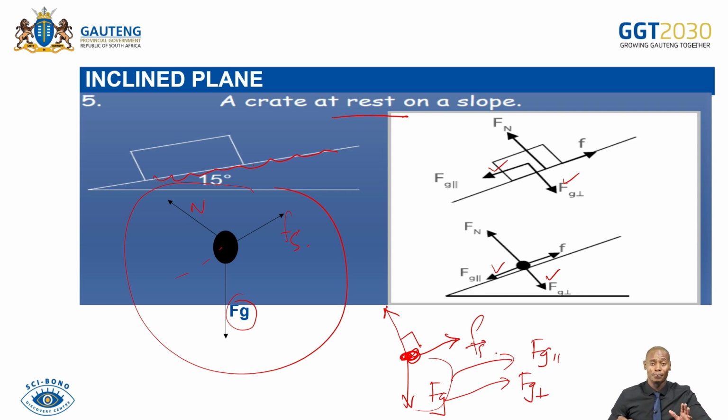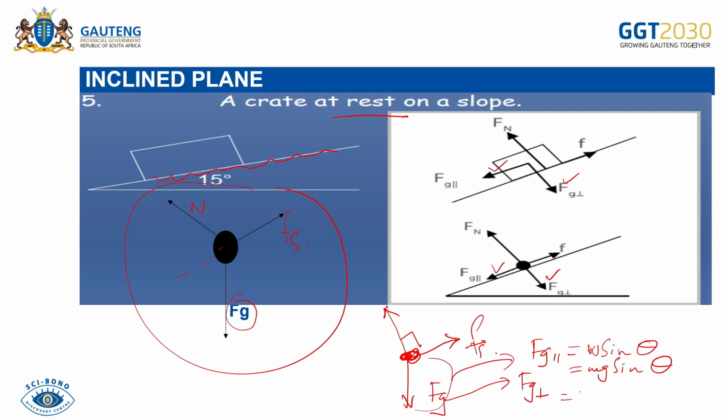Then your Fg perpendicular is always perpendicular to the surface. Same with the normal force, which is always acting perpendicular to the surface. That is very, very important. Then how do we calculate Fg parallel and Fg perpendicular? Your Fg parallel is given by weight sine theta, which is the same as mg sine theta.